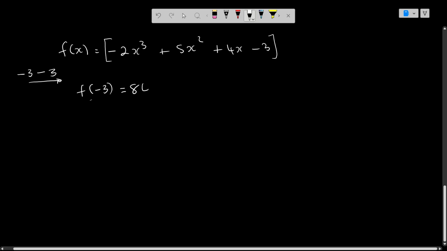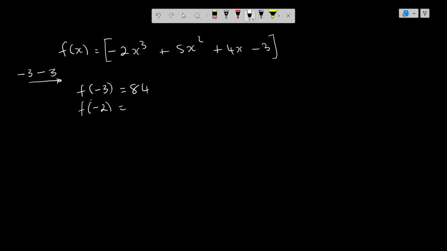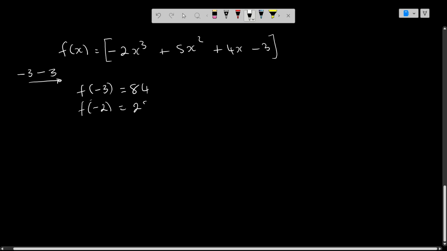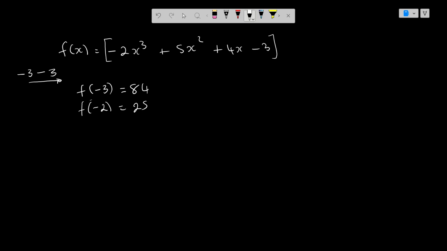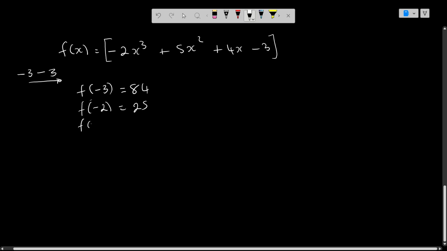If we plug in negative 2, we get 25. Then let's check negative 1. When I plug in negative 1, I get 0.